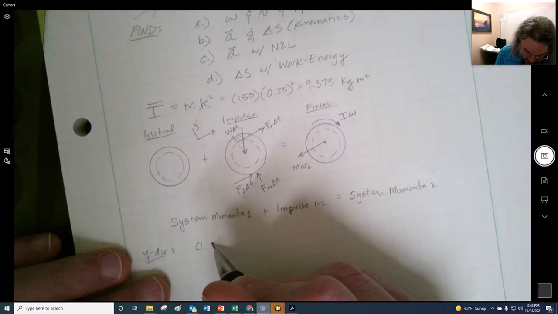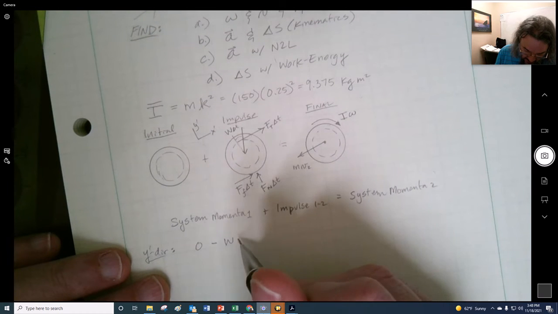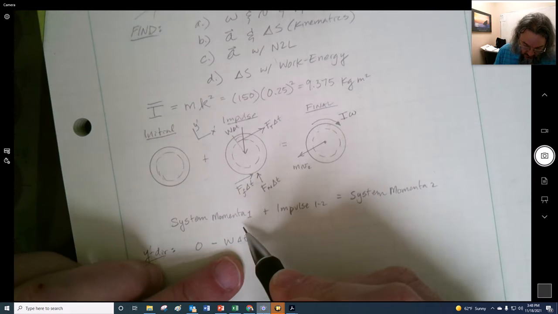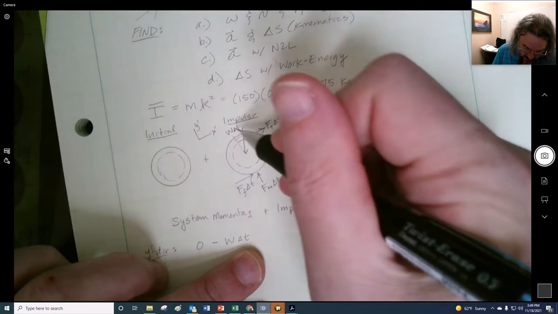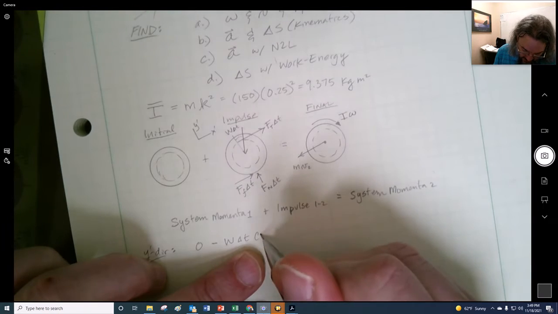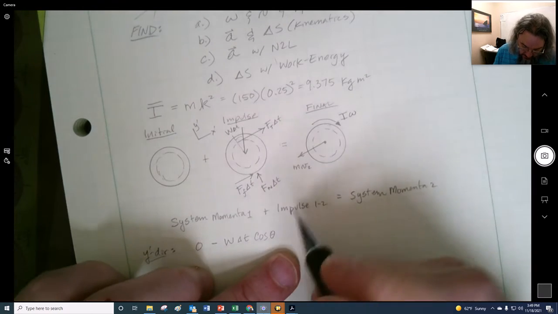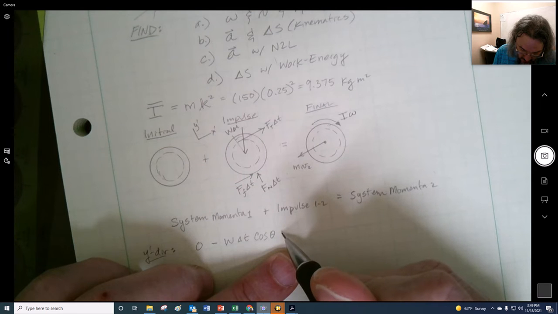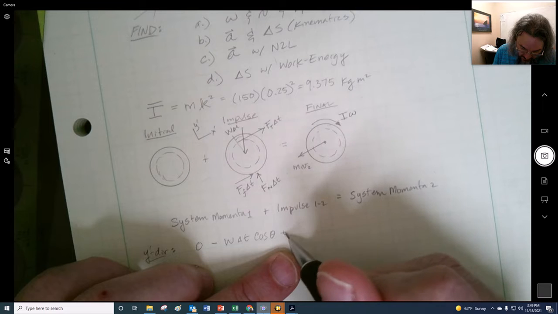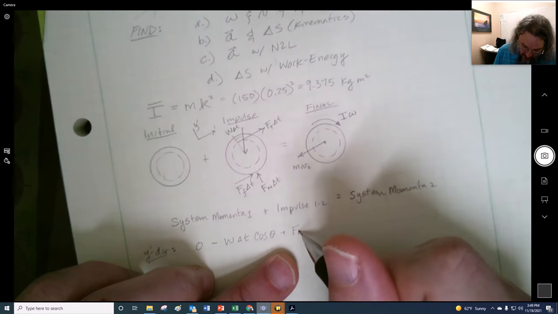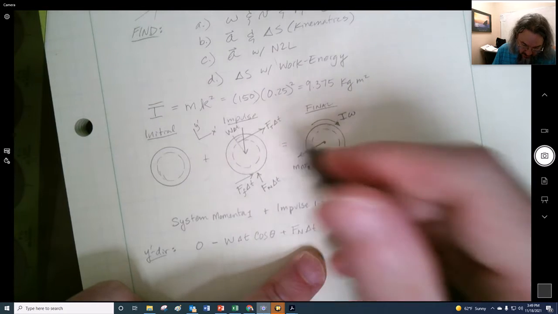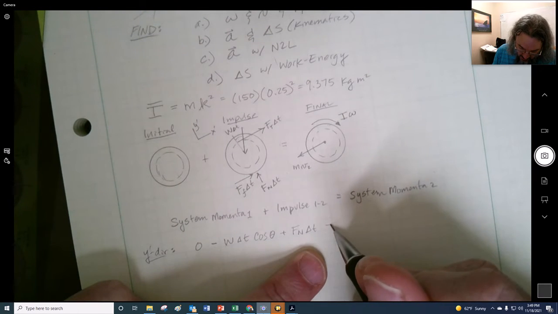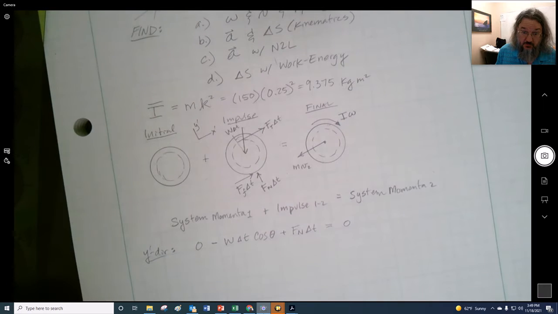We're going to get the negative weight times delta t, and that's the way down that way, but now we're going to go times the cosine of theta, plus Fn delta t, and then there's nothing else going on here, and that's going to be equal to 0, right?